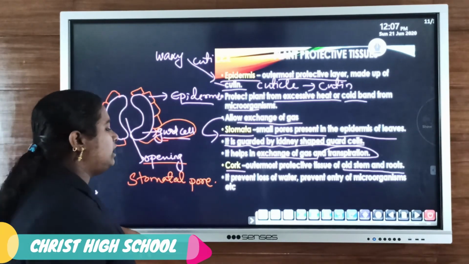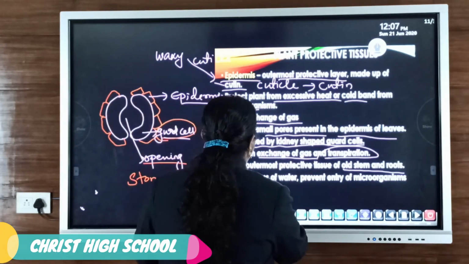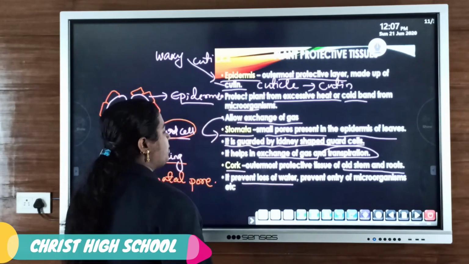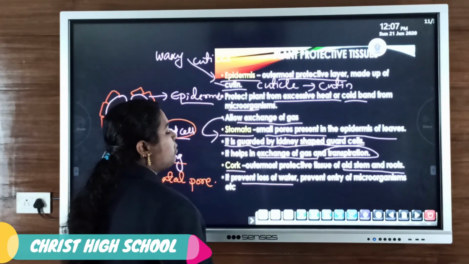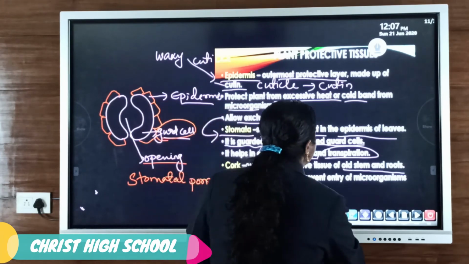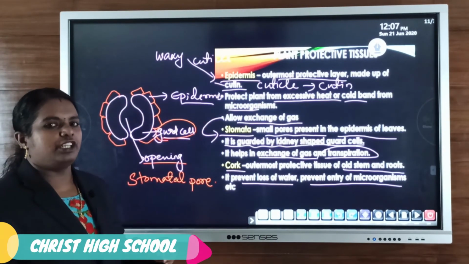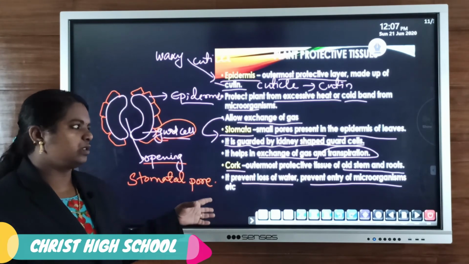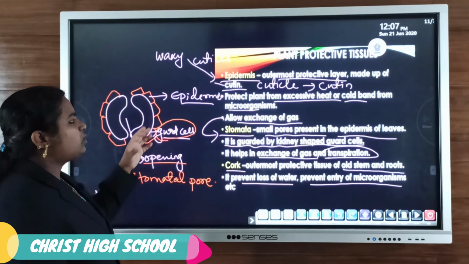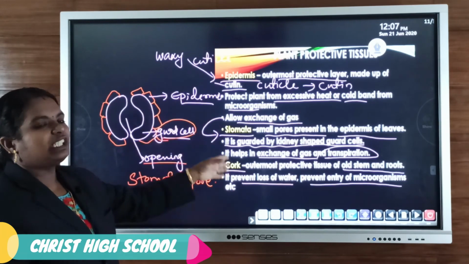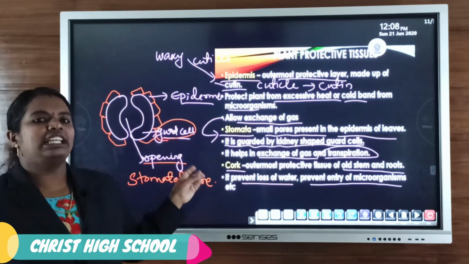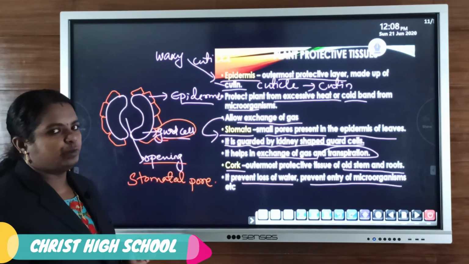Its main function is to prevent loss of water, that is, it reduces the rate of transpiration, and it prevents the entry of microorganisms into the plant body. All these three are mainly protective in function. That is why they are categorized as protective tissue.